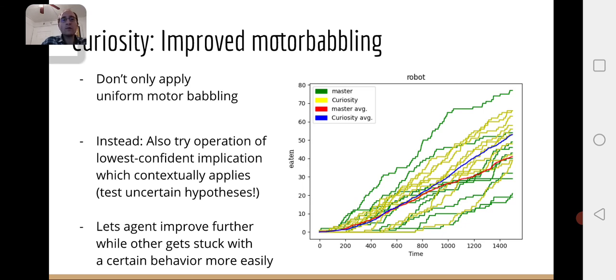and this has turned out to be very fruitful. While an agent without this curiosity will often get stuck and essentially repeat the behavior which has been successful so far, the curious agent will try more, will try things it hasn't yet tried, and will hence learn more about its environment and learn things the other agent will not learn.